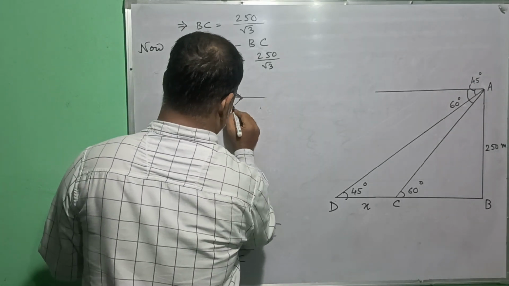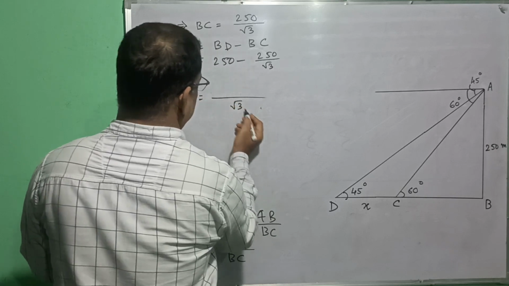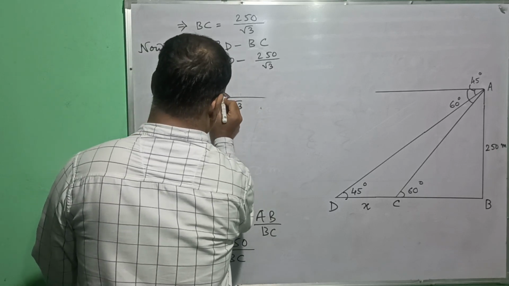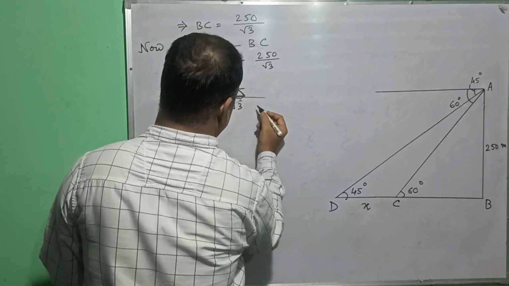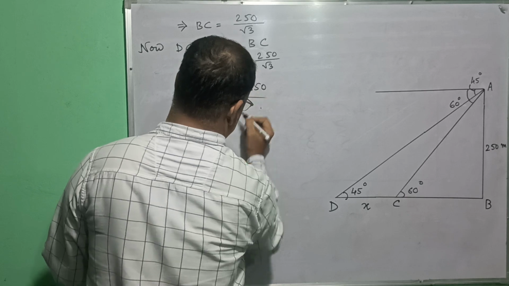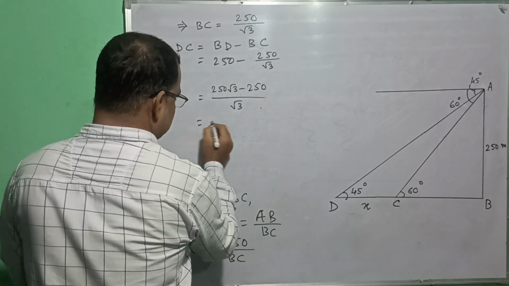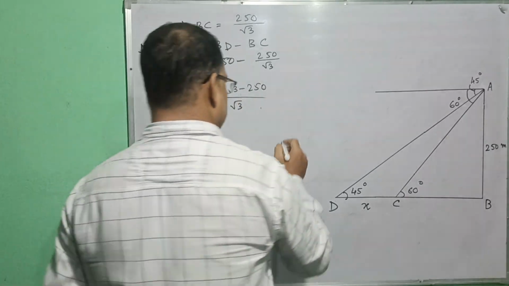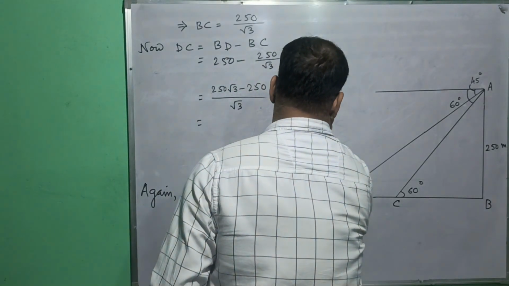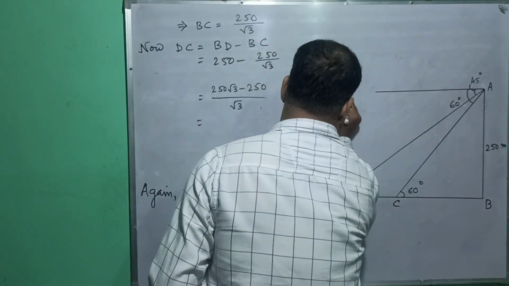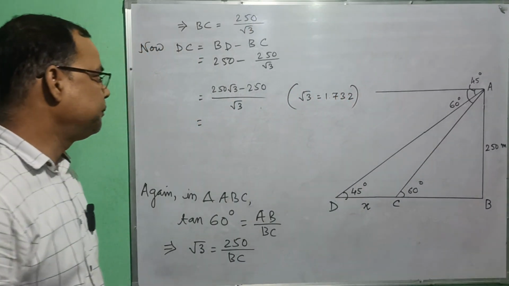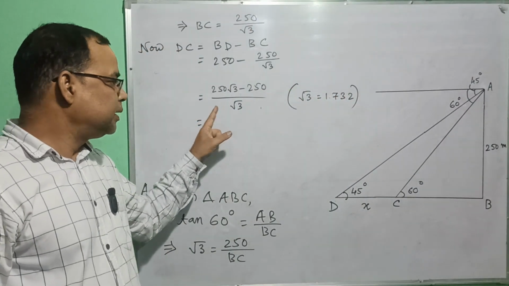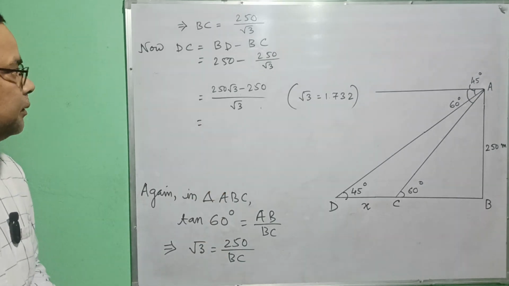If we take root 3 common, it is 250 root 3 minus 250 over root 3. Now we can put the value of root 3 as 1.732, so we can find the value. This part you have to do yourself.